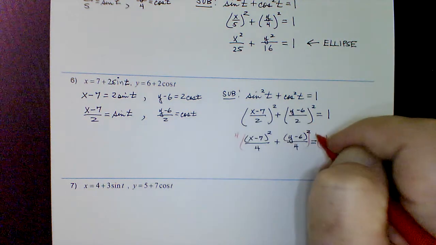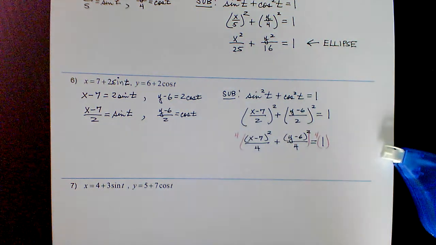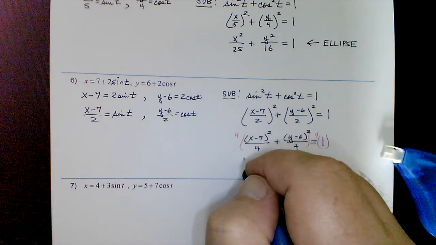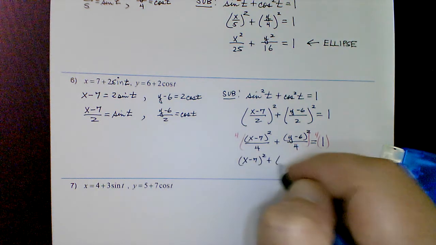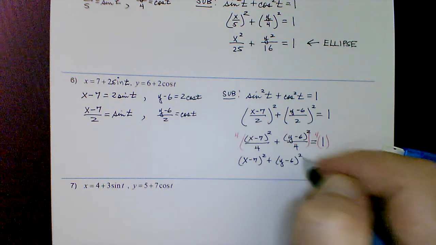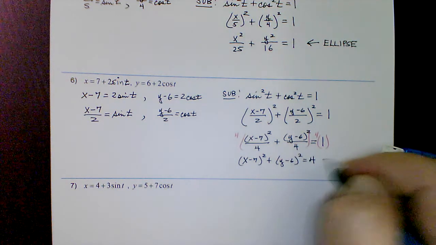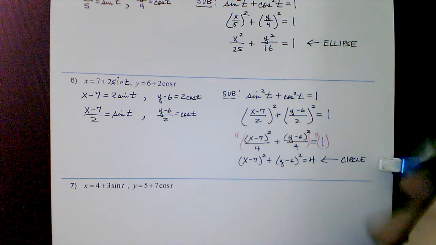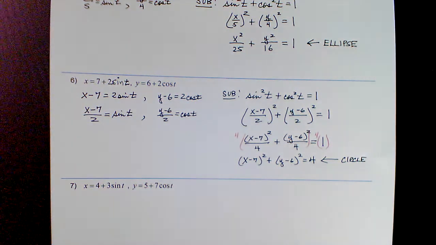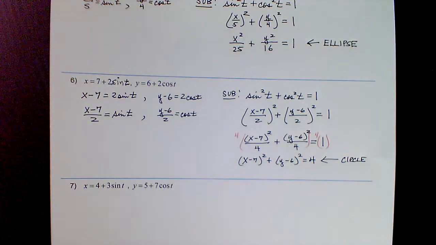So we get standard form by multiplying everything by 4, so we get x minus 7 quantity squared plus y minus 6 quantity squared equals 4, and that's a circle. And if you want to go further, you can identify the radius and the center, but all I'm caring about is that you eliminate the parameter and tell me what type of graph it is.